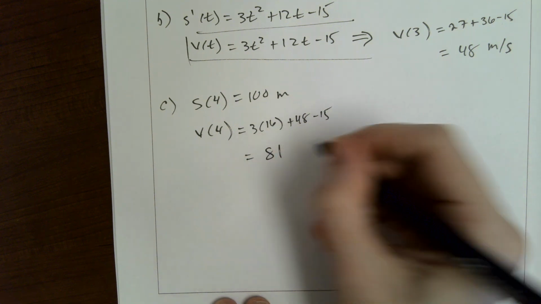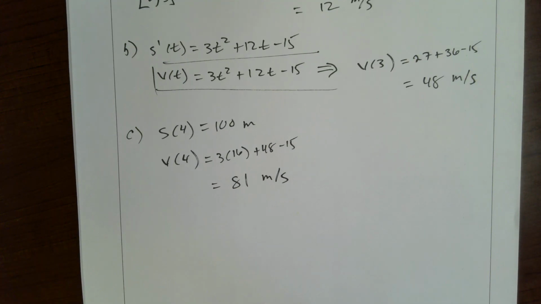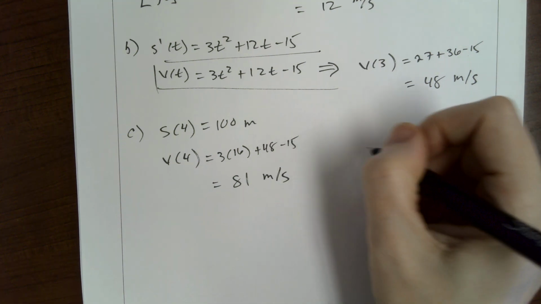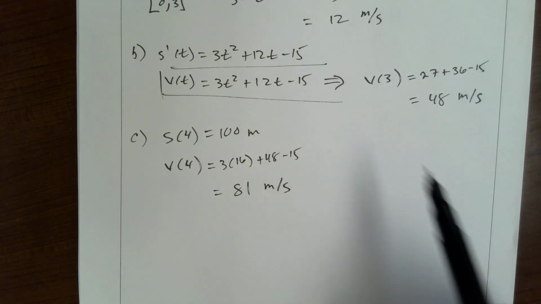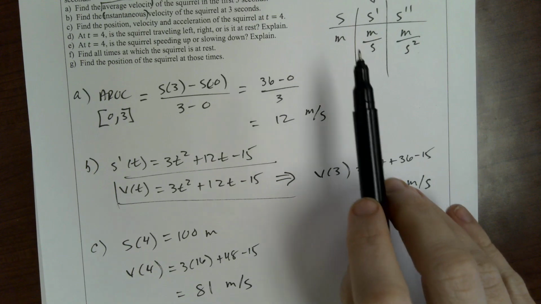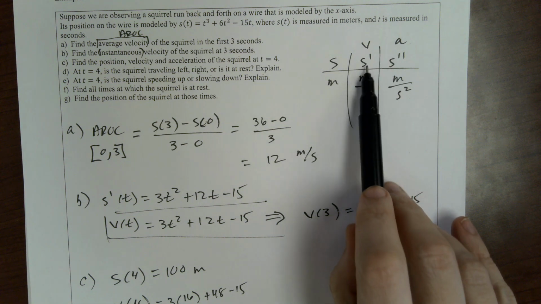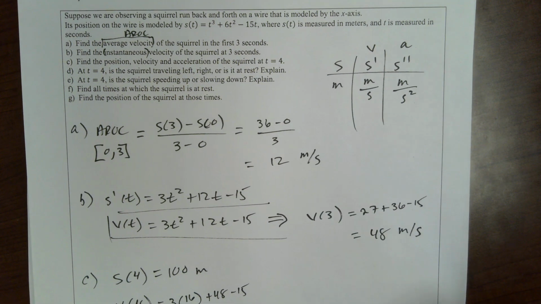Okay, 81 meters per second. And then now we also need the acceleration. To do acceleration, you need the second derivative of s, which is the first derivative of s prime, the derivative of velocity.